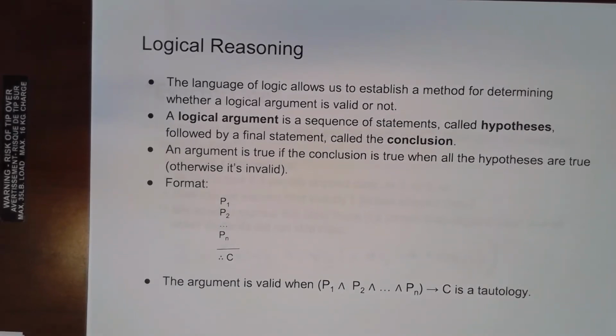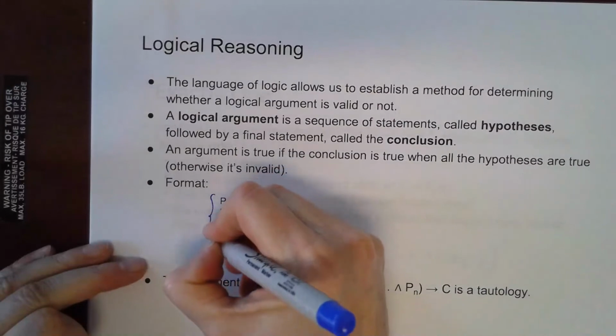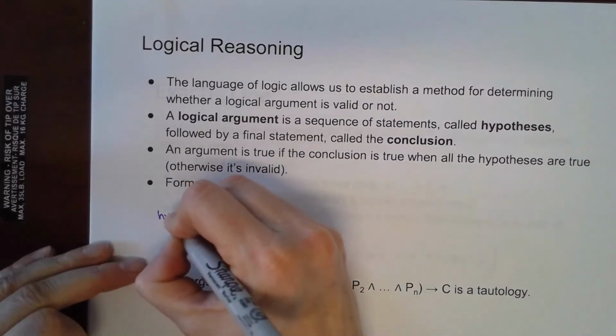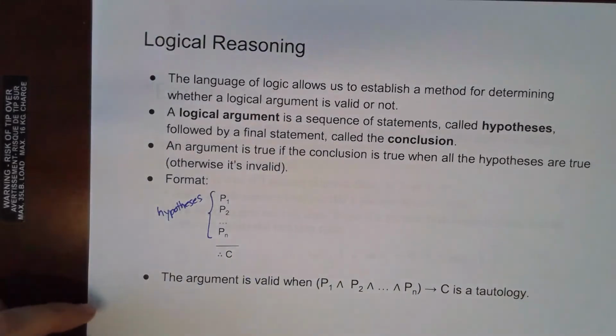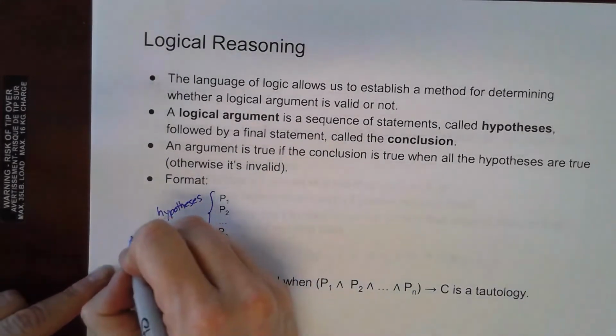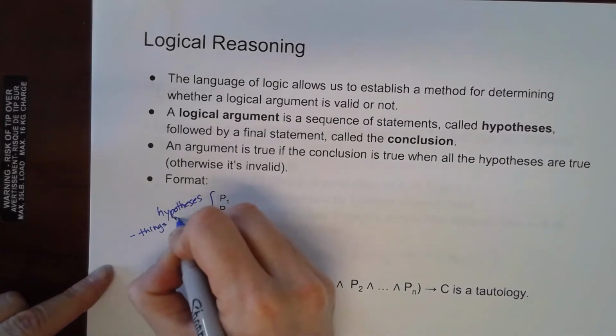Okay. And the format of a logical argument would list all of these here. These are all called the hypotheses. Okay, and these are the things that we know to be true, or at least we believe to be true.